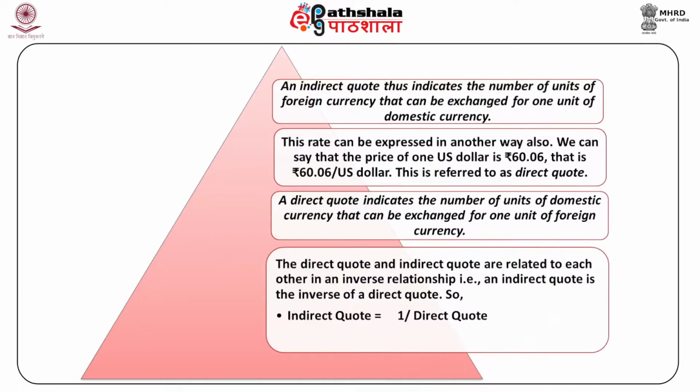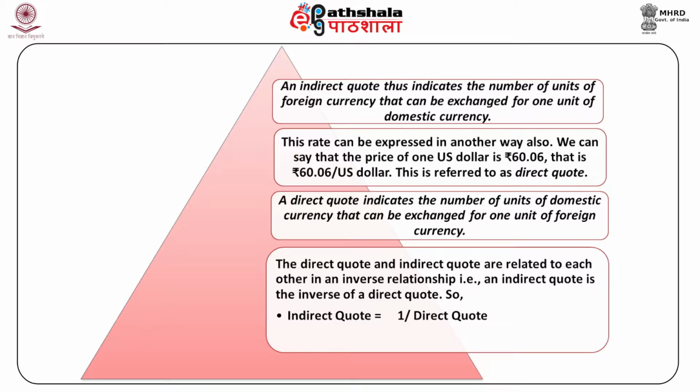When the rate is written as US dollar 0.01665 per rupee, it is referred to as an indirect quote. An indirect quote thus indicates the number of units of foreign currency that can be exchanged for 1 unit of domestic currency. This rate can be expressed in another way also.